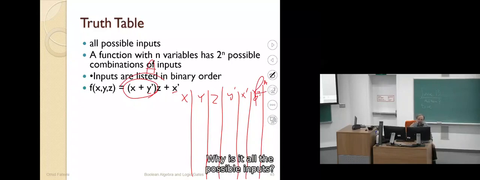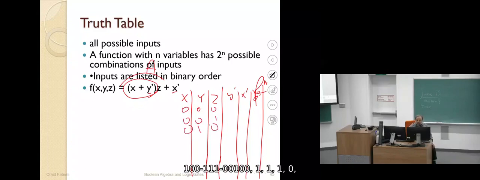Okay, x, y, z, all the possible inputs: 000, 001, 010, 011, 100, 101, 110, 111. If you look at the numbers, they are from 0 to 7: 0, 1, 2, 3, 4, 5, 6, 7.